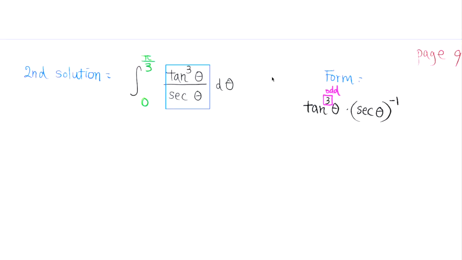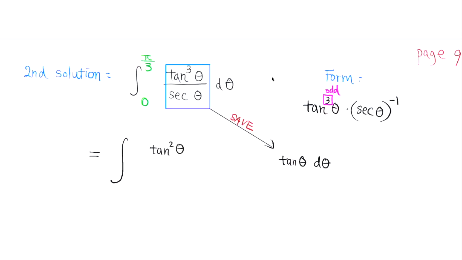So we're going to do the save method, right? So what do we save? We're going to save one tangent theta with d theta. Then the exponent on the tangent theta will become even. So the remaining exponent on tangent theta here will be even.